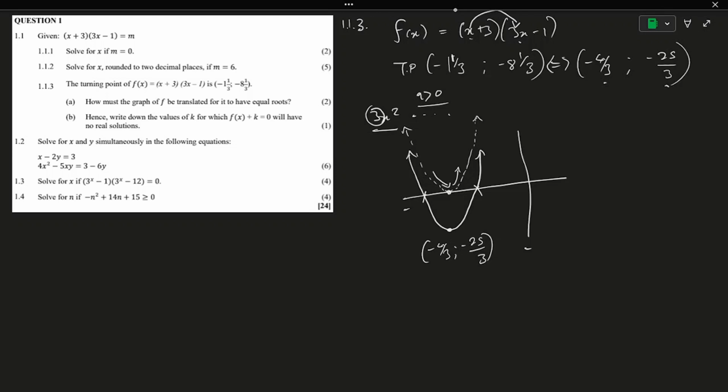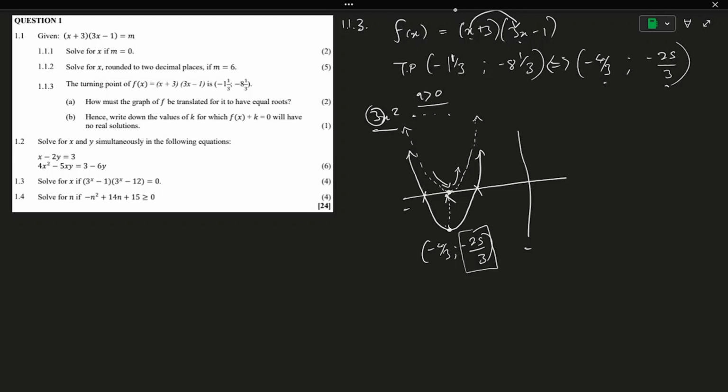So to have an equal root right there, we need to drive this function up until it reaches this point right there. Apologies for the drawing, right? So we need to drive f until it gets to that point. So if the y value of the turning point is -25/3 or -8 1/3, we need to move it up by the value of the turning point because this is the minimum value that it has.